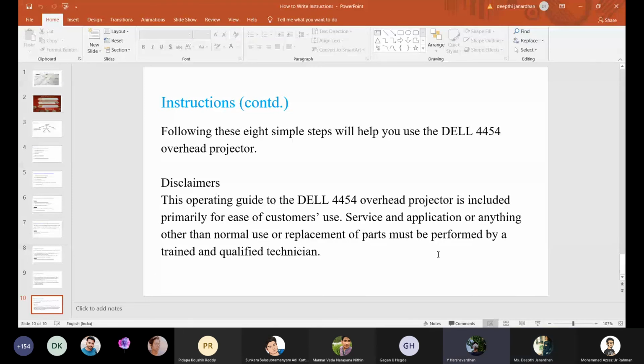Instruction and introduction, then start with the introduction, ma'am, with bullet points, and the conclusion. Okay, one by one, please tell me. You start with a title, then a small introduction, and then numbered instructions.